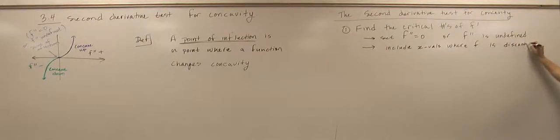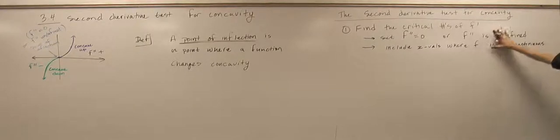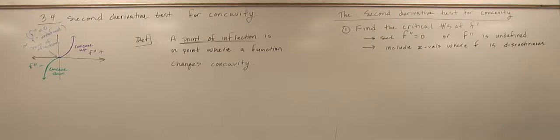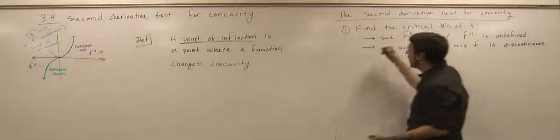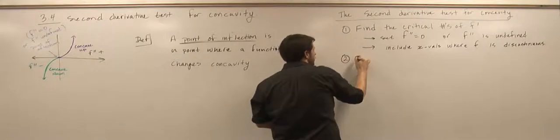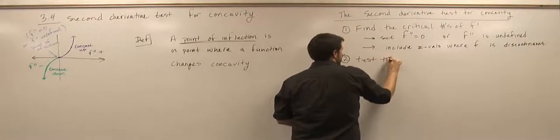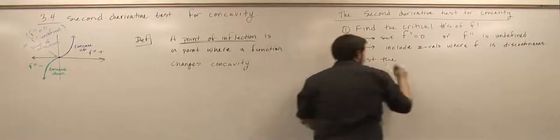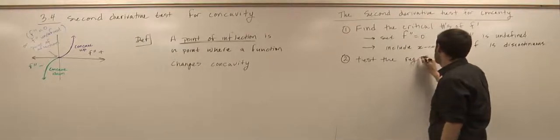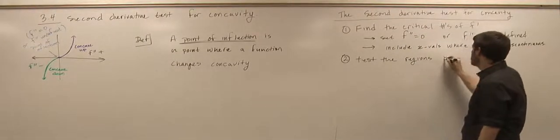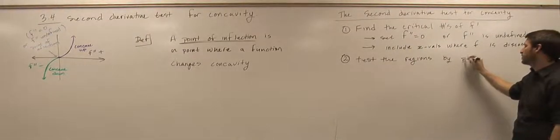You could possibly change concavity at a vertical asymptote, so you have to include those discontinuities in your critical numbers. Once you have your critical numbers, you test the regions by plugging sample points into the second derivative.